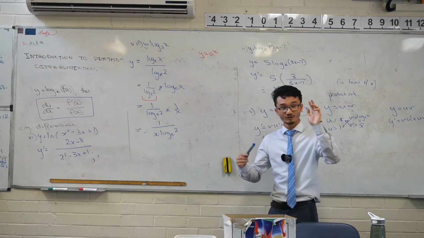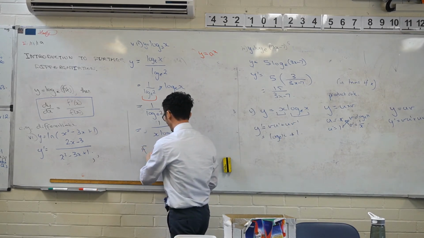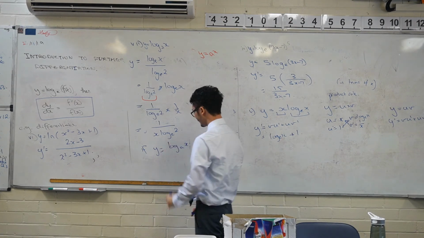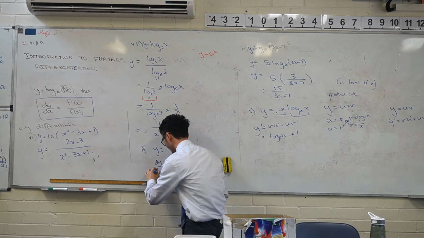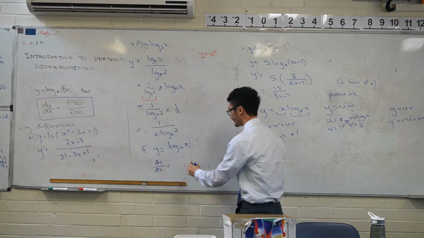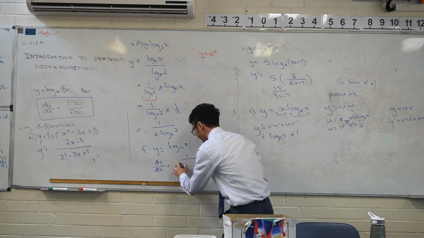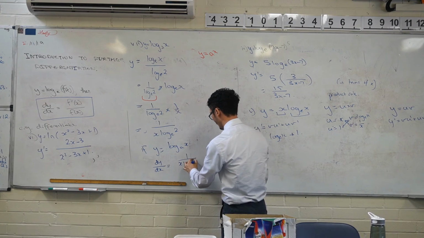So as a general form, we can say that if y is equal to log base a of x, then our derivative dy dx is equal to 1 over x log e of the base.